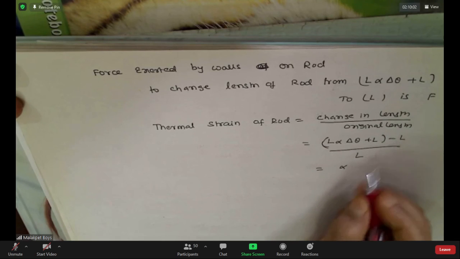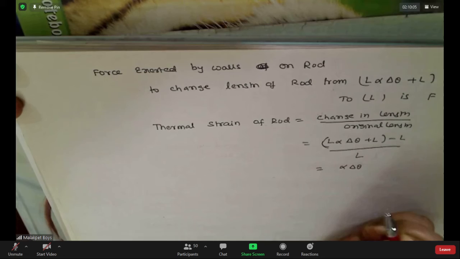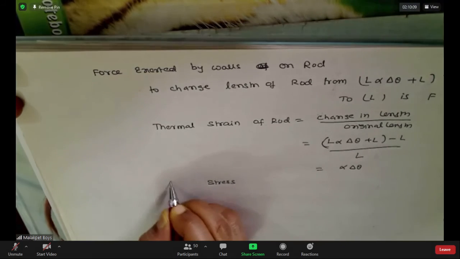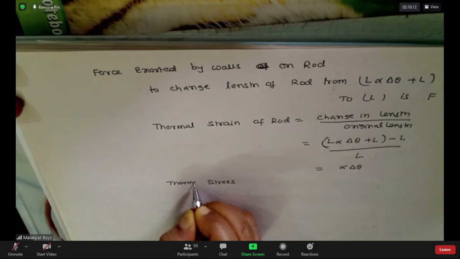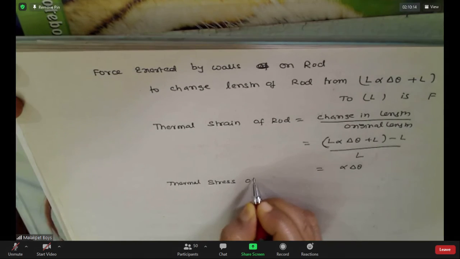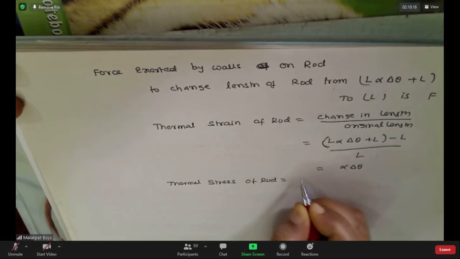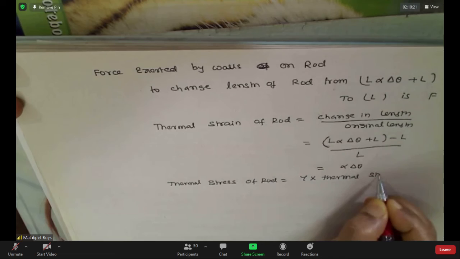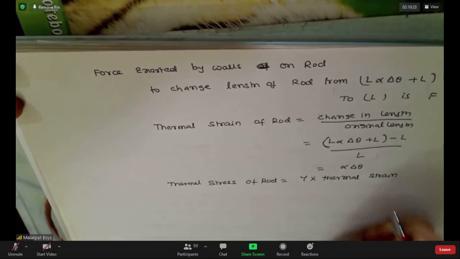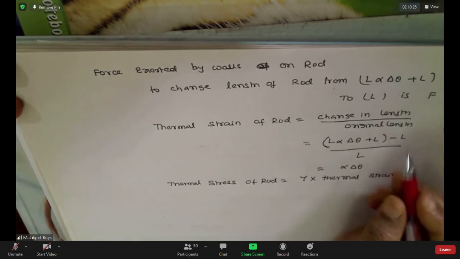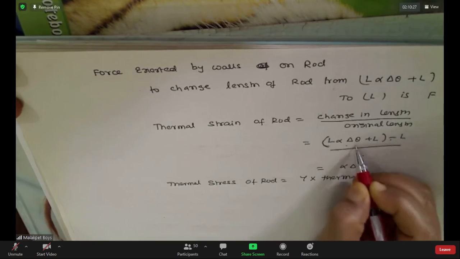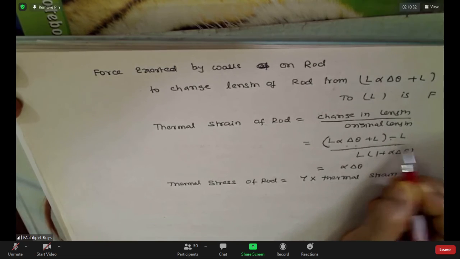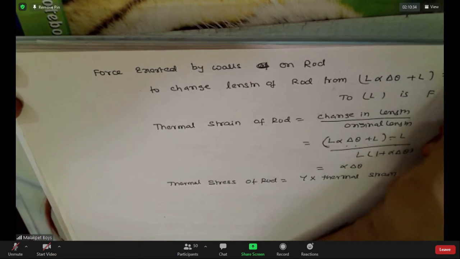Alpha delta theta. Y into thermal strain, remember? Yes, sir. Actually this original length is how much? L. Agreed or not? Yes, sir.